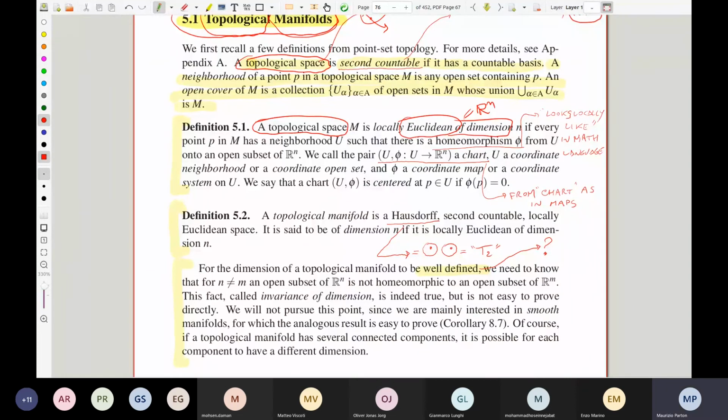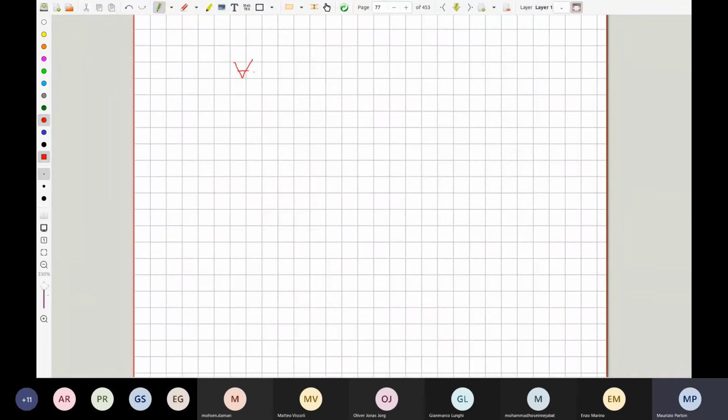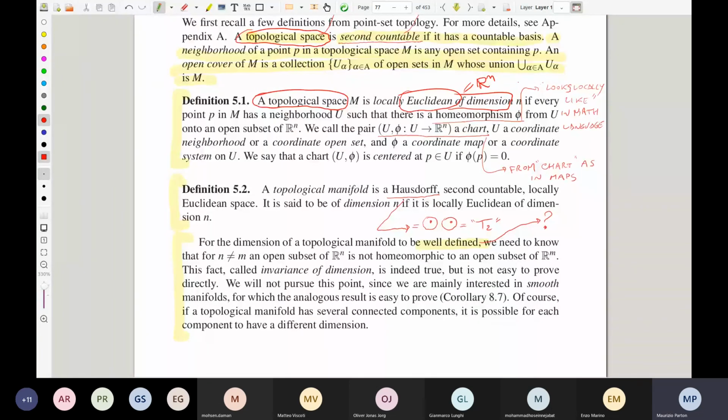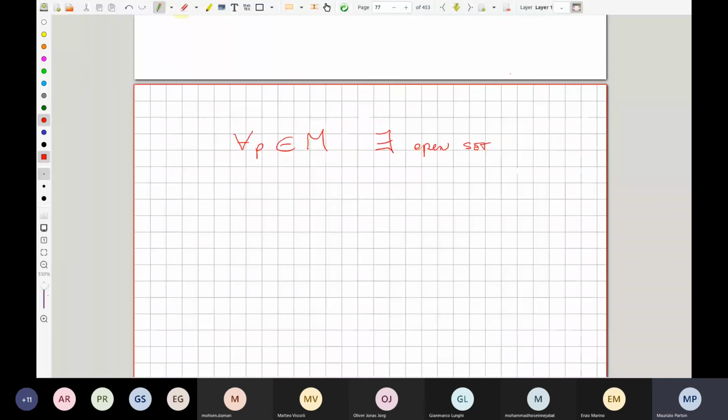And locally looks like means just the following. For every point in this space, let's call it M, since this will be a manifold, for every point in M, there is an open set U in X.